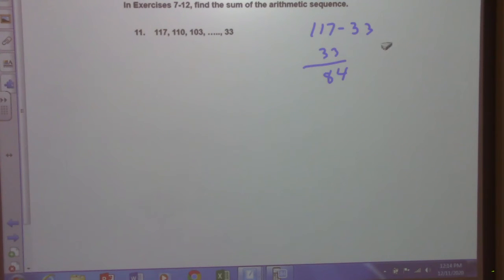So there's 84 apart, or actually negative 84, and we divide by negative 7, what is this going to be? 12. So you know it's going to be negative 12, right?